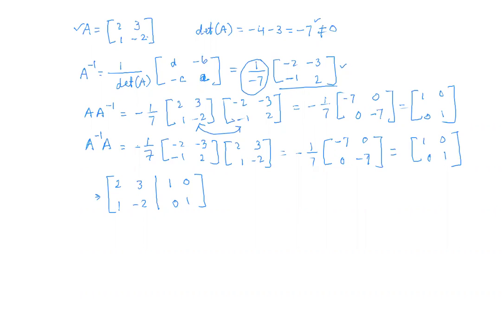Remember, we did the row operations, and after you do the row operations, you want to have on the left side the identity matrix 1, 0, 0, 1, and on the right side you will get something, 4 numbers, and this is going to be your inverse matrix.